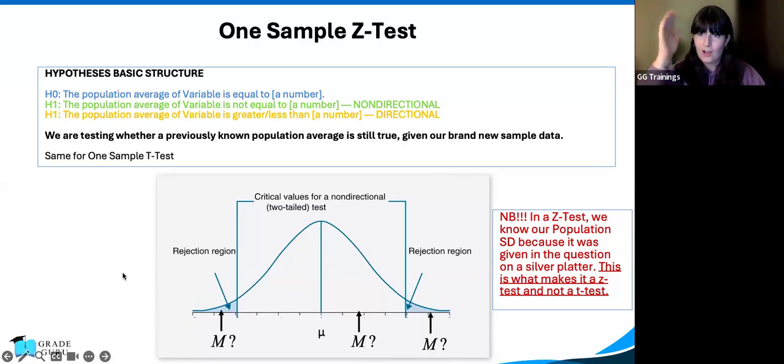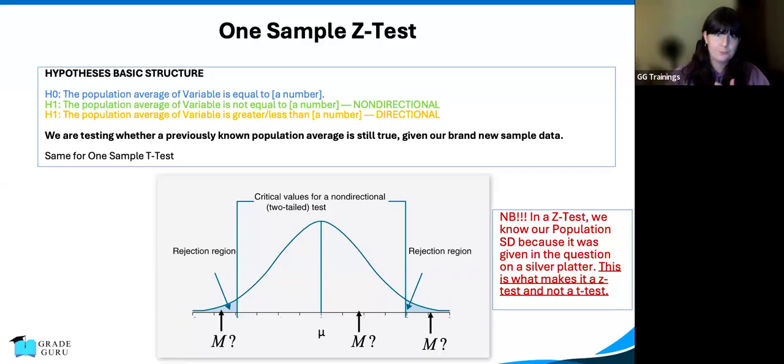So if our alpha is 5%, that means that we want our probability of getting our sample mean to be lower than alpha to be able to reject H0. That should start to sound a little bit like the p-value in SPSS. When p is lower than alpha, we reject H0. We want our probability to be small.